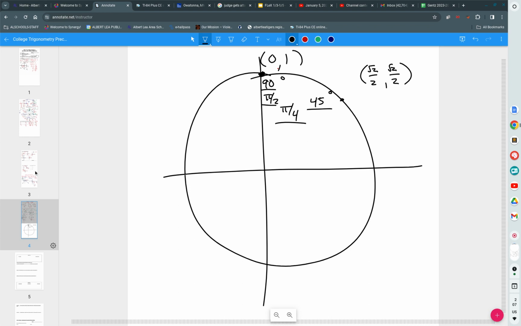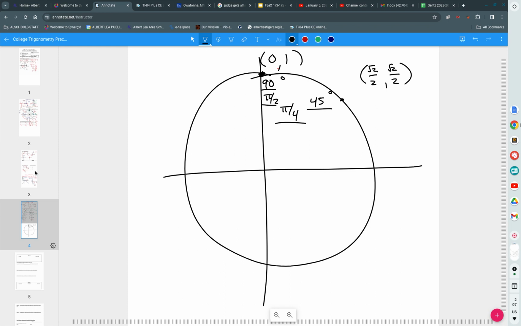How we doing? Good. So this is a 30-degree angle, okay? This is 1, and that's 30 degrees. This can be a half.